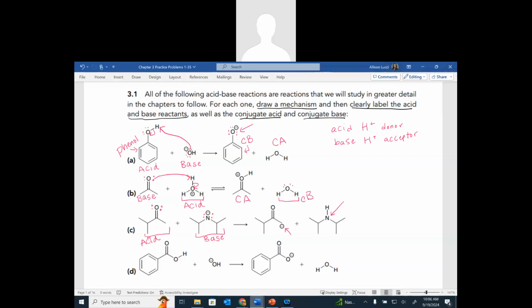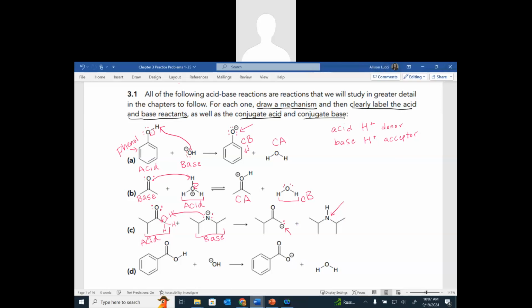We know that there are 3 hydrogens coming off of this carbon because it doesn't have a formal charge, so it must have 4 bonds to that carbon. One of those lone pairs from our base will grab that proton, and then those electrons involved in the bond will be transferred to our carbon. That's what we see over here.